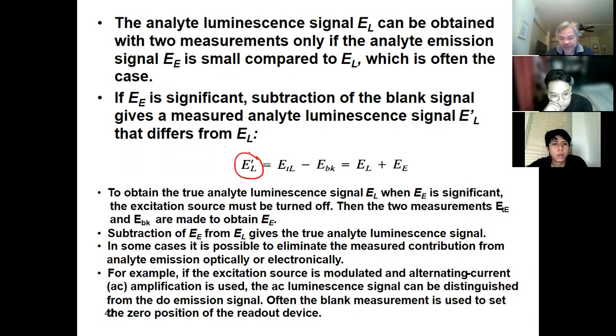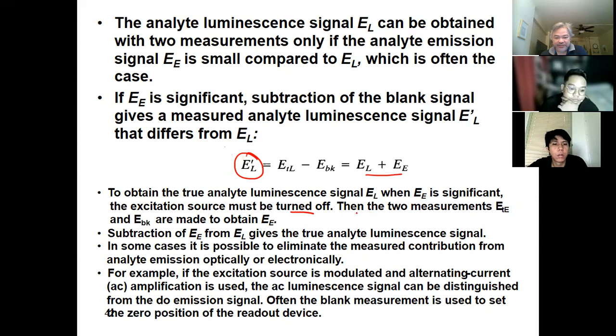So meron pa yung E sub L, and that is equal to the luminescence signal plus yung analyte emission signal na meron ka. But to obtain the true analyte luminescence signal, EL, when EE is significant, the excitation source must be turned off. So doon mo makikita yung what we call EL.